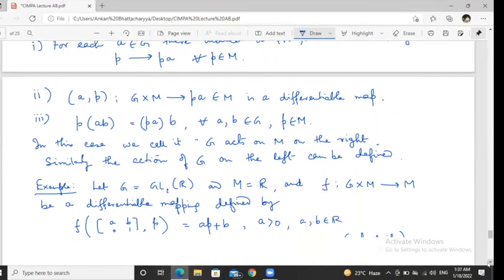There is an example. Let G be GL(2,R) and M be R, and F be a differentiable mapping from G cross M to M defined in this way.